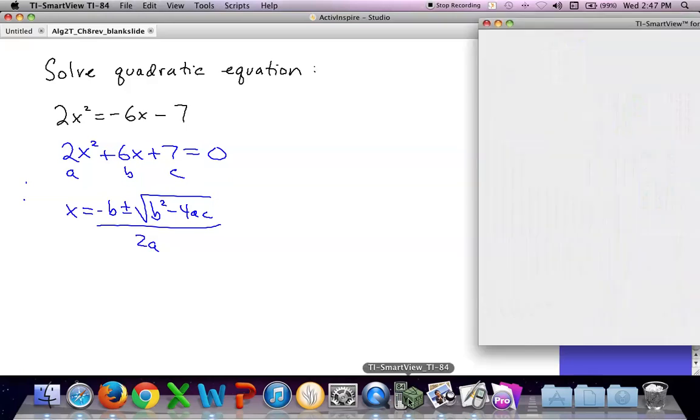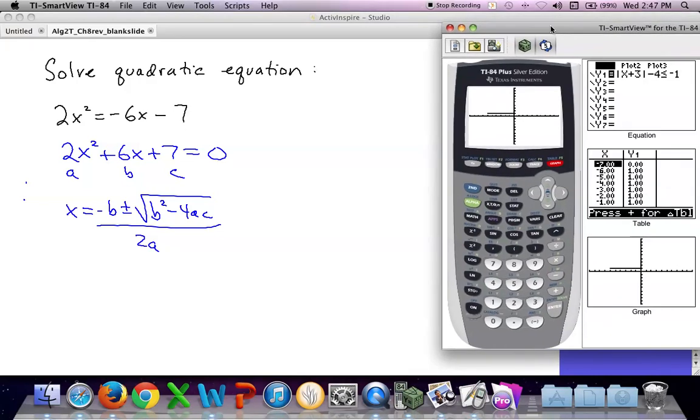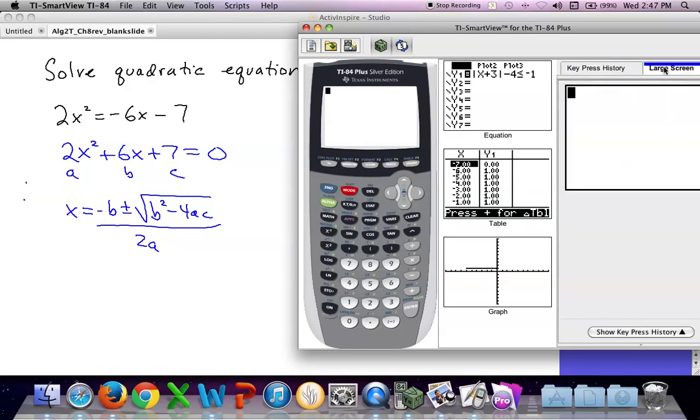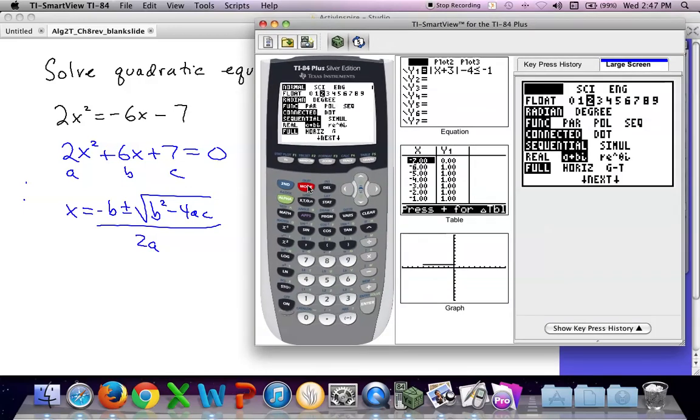Now, you can have your calculator do the quadratic formula for you. But before you start, I would recommend that you go to the mode button, and set 2 things. On the second line, where it says float, highlight the 2. That means it's going to give you 2 decimal places to the right of the decimal point, so that you don't get numbers that go off the screen.